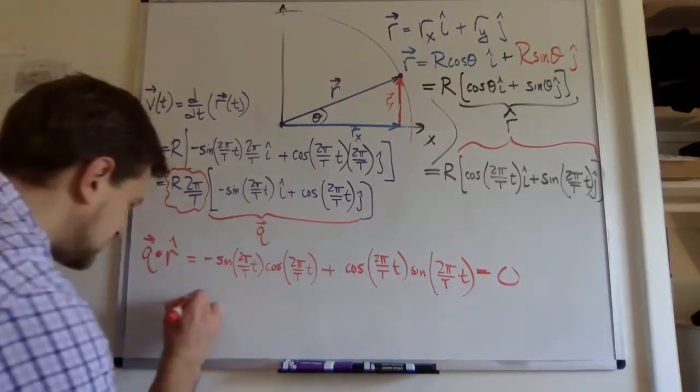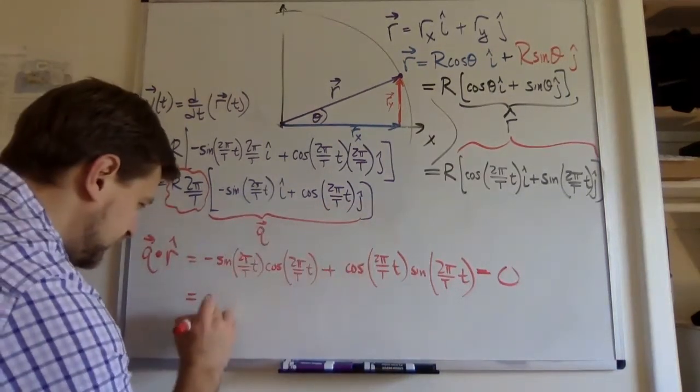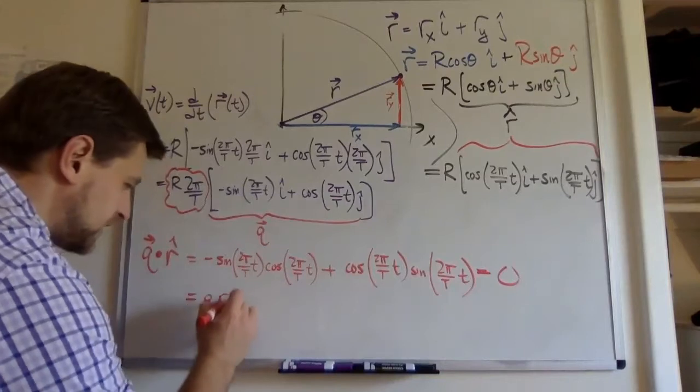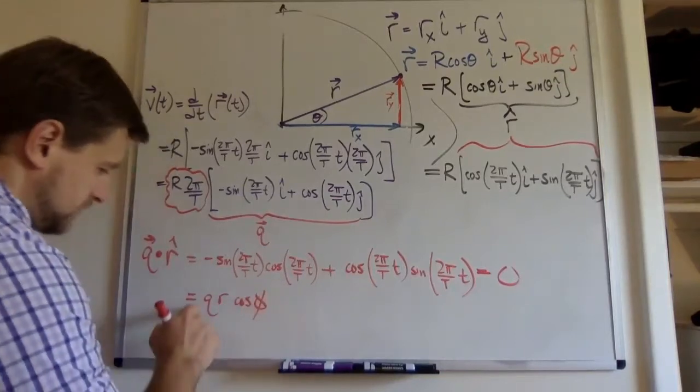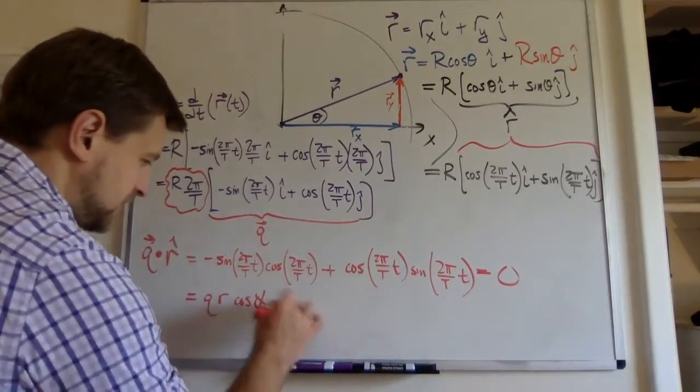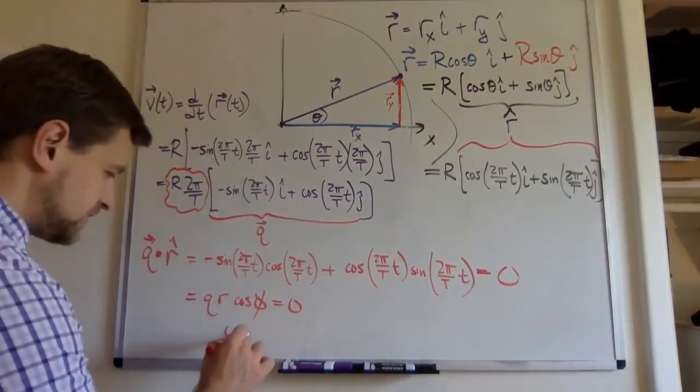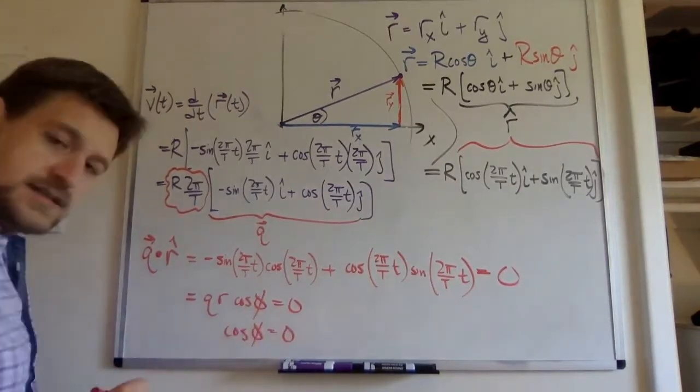Okay, cool. If the dot product is 0, and the dot product is supposed to be magnitude times the cosine of the angle between them, that must mean the angle between them is 90 degrees.